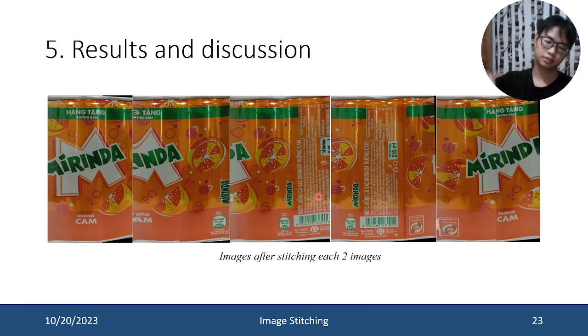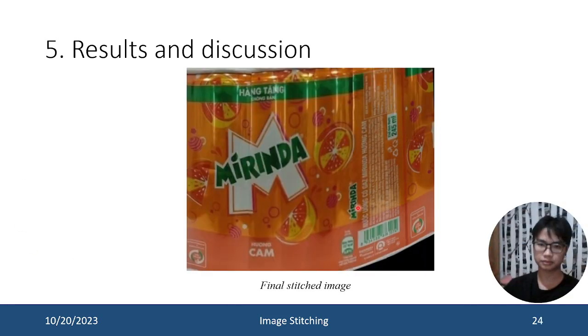Now we want to show the image after stitching two images. This is a very good result, the two images stitched together and performing very clearly. Here is the final stitched image.